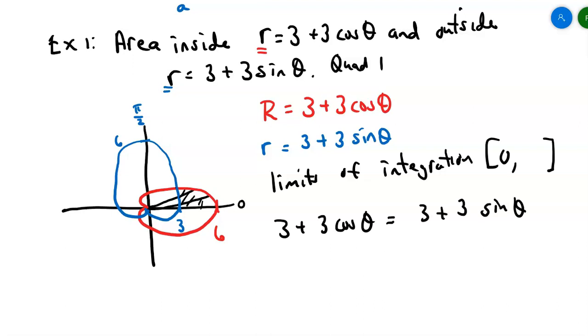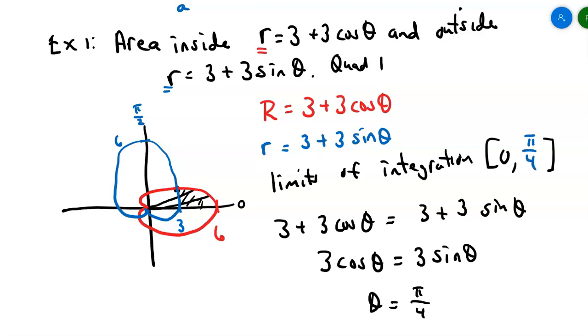That'll happen at this point up here, but I want it in terms of theta. So this is not too bad, right? Subtract a 3 from both sides, and you get 3 cosine theta is equal to 3 sine theta. Where are sine and cosine the same in the first quadrant? Theta equals pi over 4. So now I know I should fill in the other value here with pi over 4.